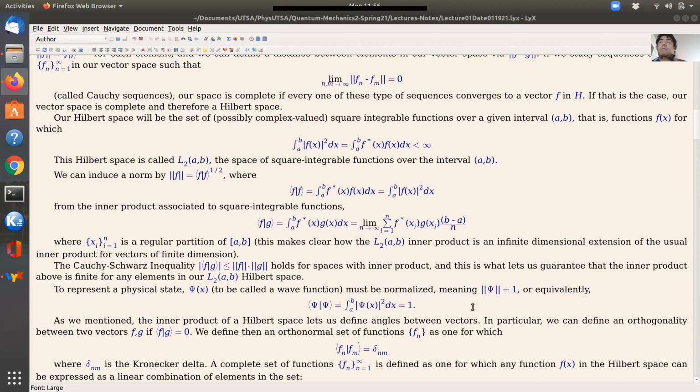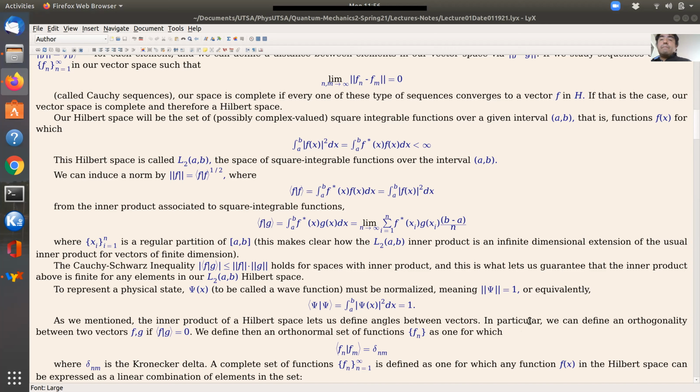In the usual way that you have right angles, you can have this orthogonality condition by having the inner product equal to 0. This is an analogy with the finite dimensional vector spaces. Orthogonality is crucial in quantum mechanics for purposes we'll see very soon.